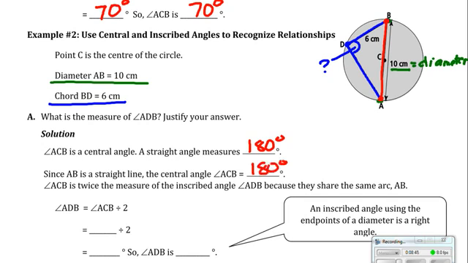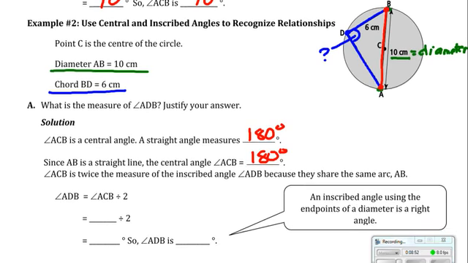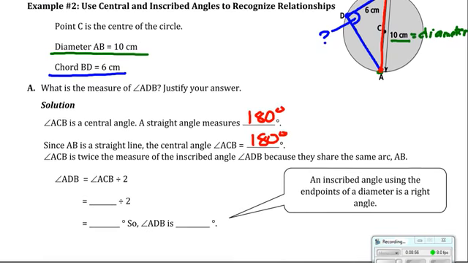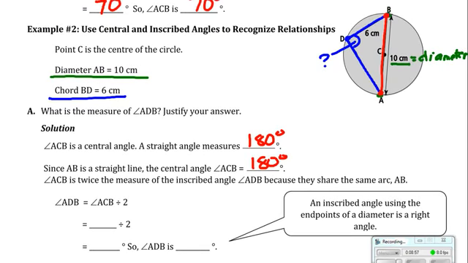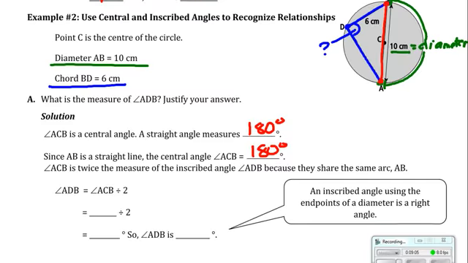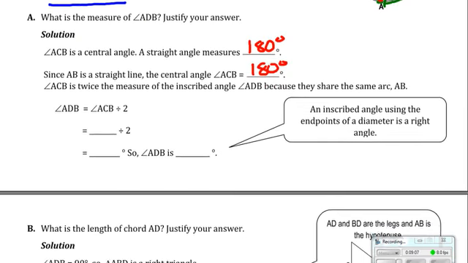Keeping in mind that the central angle is twice the inscribed angle, we're going to divide this in half to get the inscribed angle, because they have the same arc. They both start at A and end at B, so they have the same endpoints. So we take 180 degrees and divide it by 2, and we get 90 degrees. So angle ADB is 90 degrees.